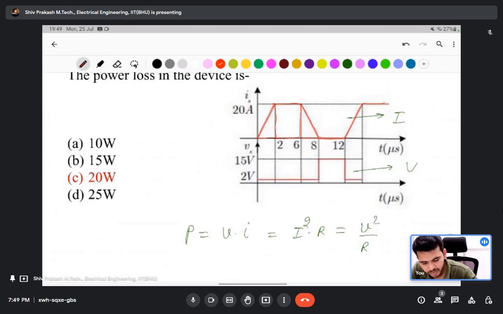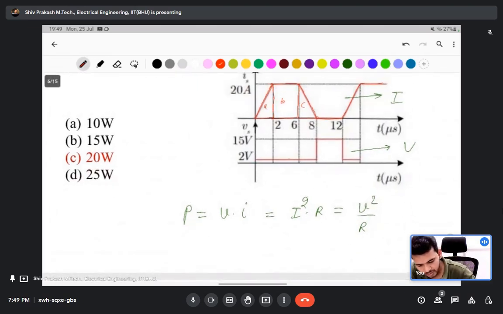First we divide it into three parts A, B, C. You can find a direct value of that. I'm not going too much into this.